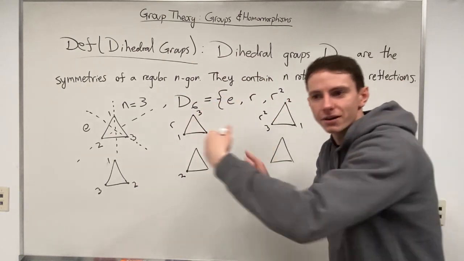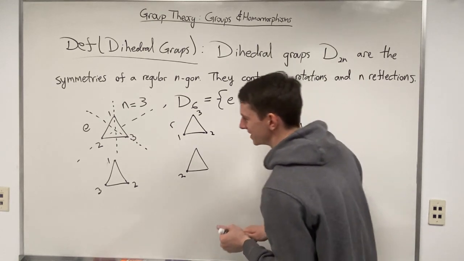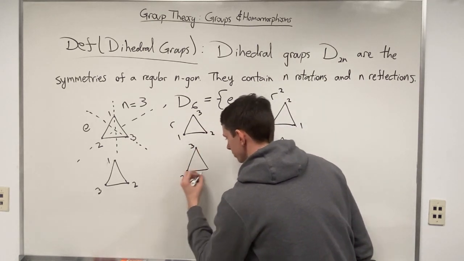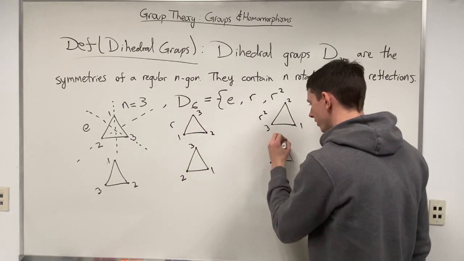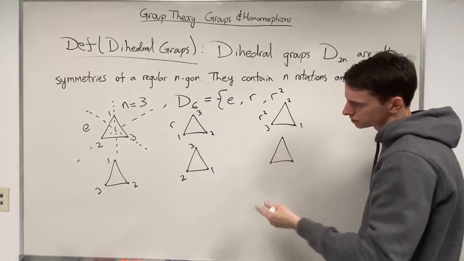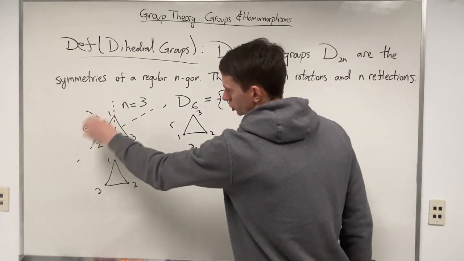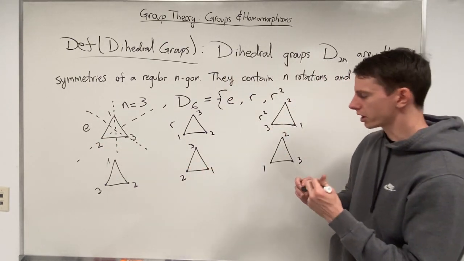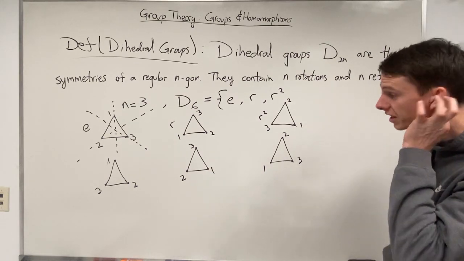Hopefully we can imagine that visual rotation, even though I don't have a triangle on me. So this is then going to be 3, this is 2, and this is going to be 1. And then the final one is like fixing 3 down here, and then that's going to swap places with 1 and 2. So these are the 3 reflections.